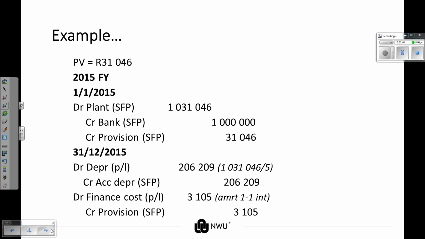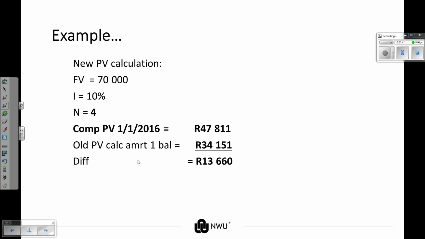Now, 1st of the 1st 2016, my future value changed from 50 to 70. My 10 is still the same. My N is now 4 because I will still pay the 70,000 end of 2019, but I now want the amount on the 1st of the 1st 2016. So that will be only after 4 years.